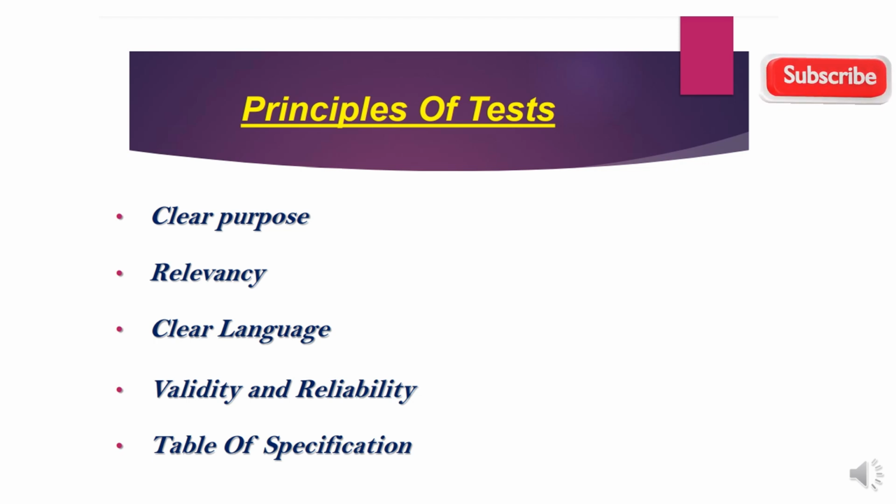Then the clear language, like the educator can use clear language so the learner can easily understand and answer the test. The next is validity and reliability, the test should be reliable and valid. And the next is table of specification. So we will go through the table of specification in the next slide as well.